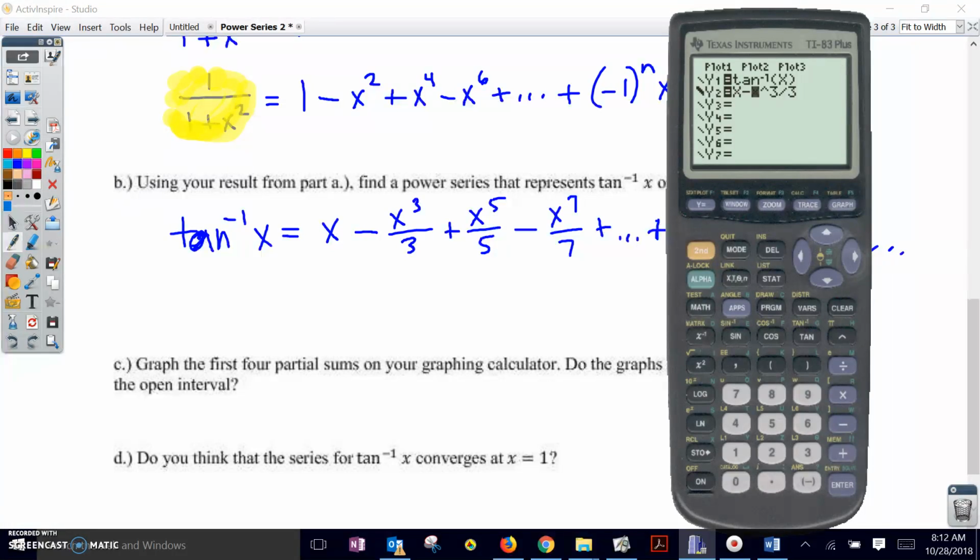And now let's add in our next term, x to the 5th over 5. There's our original, and every time we do this it gets a little bit more of the curve.